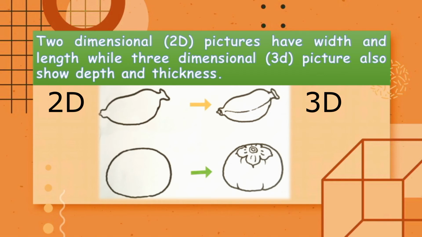2-dimensional or 2D pictures have width and length, while 3-dimensional or 3D pictures also have depth and thickness.